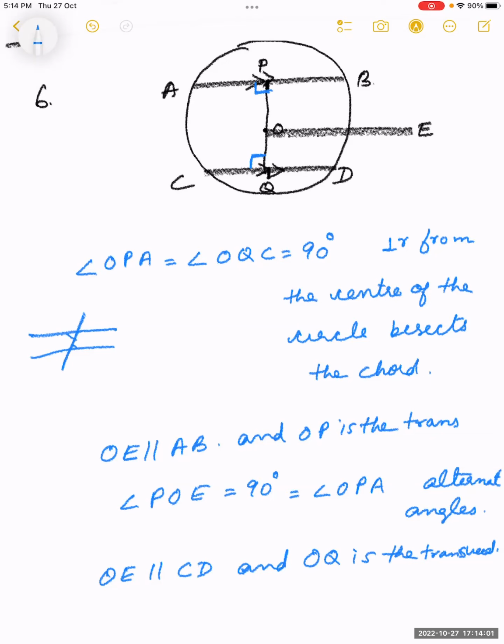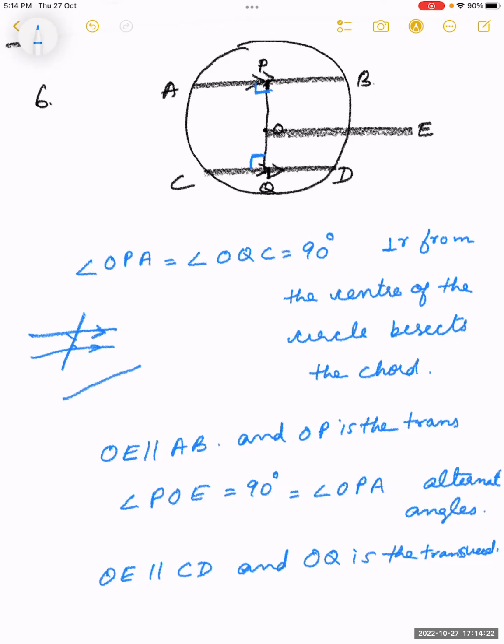Generally, when we say transversal, we say it in the context of parallel lines.